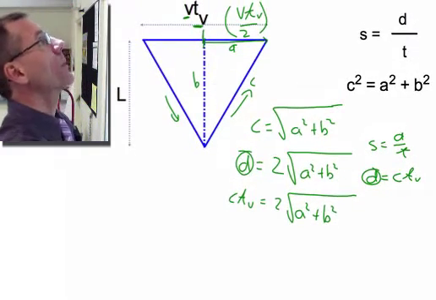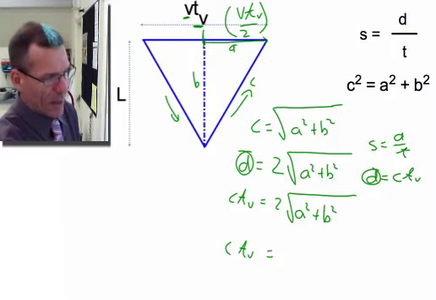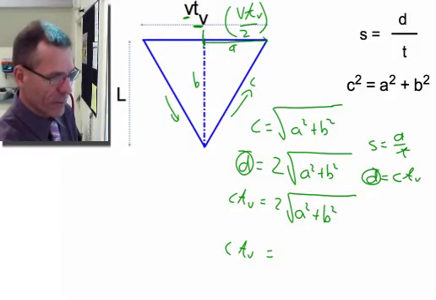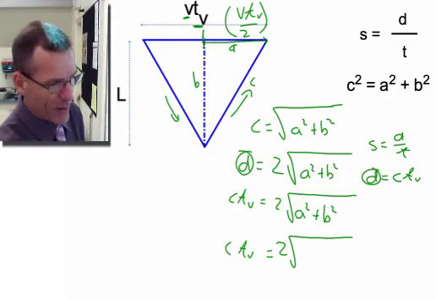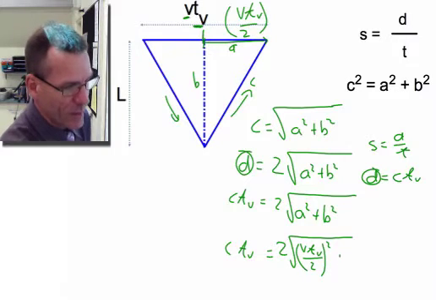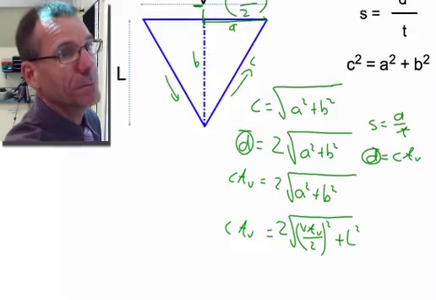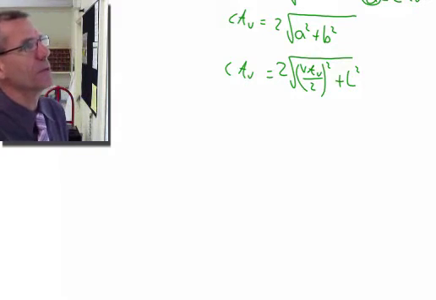We just need to put in our a squareds and our b squareds. So c tv equals 2, and we're going to bring that 2 inside the square root in our next go. So a squared is v tv on 2 all squared, plus l squared. Okay, so I'm just going to grind through this algebra and see what comes of it.